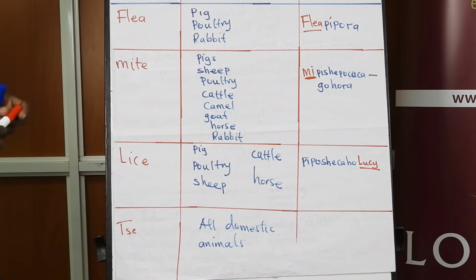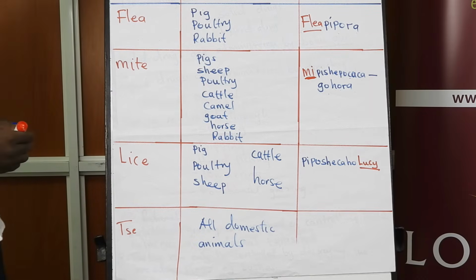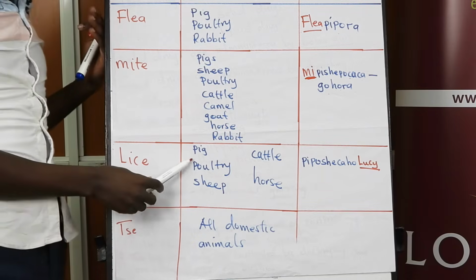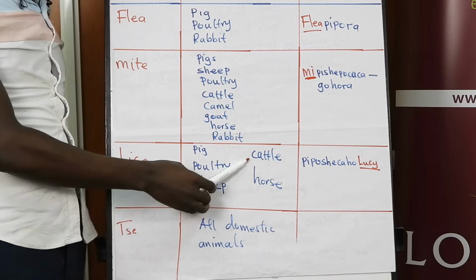The fourth external parasite is lice, and lice attack the following animals: pig, poultry, sheep, cattle, and horse.